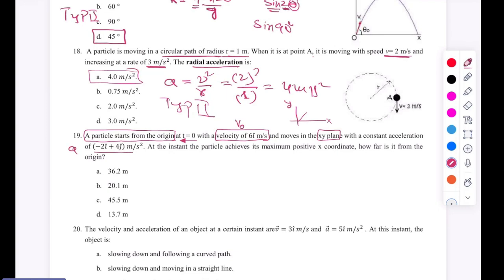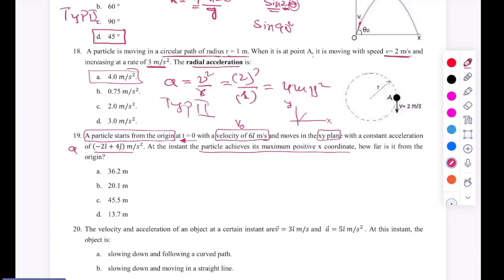At the instant that the particle achieves its maximum positive x coordinate, how far is it from the origin?